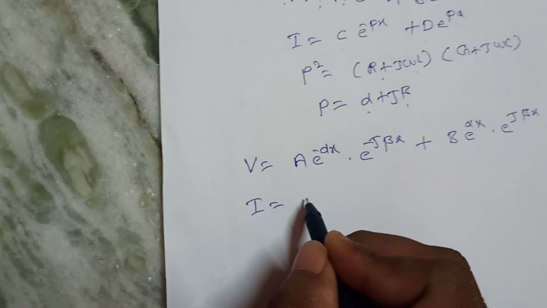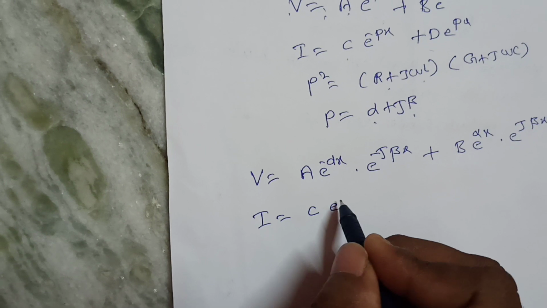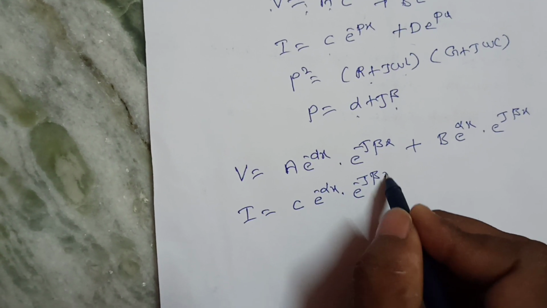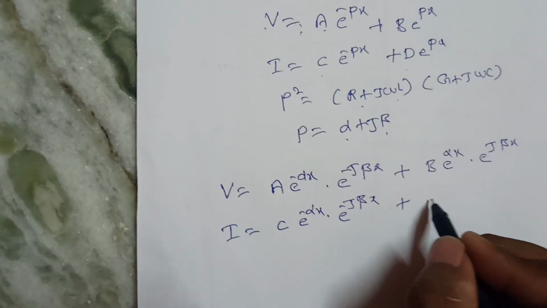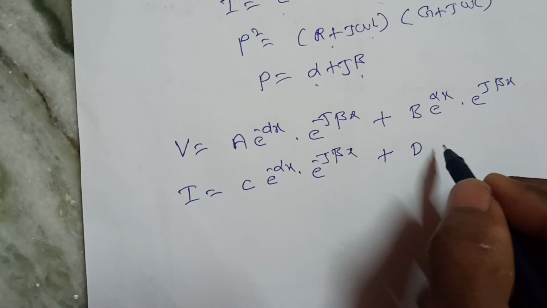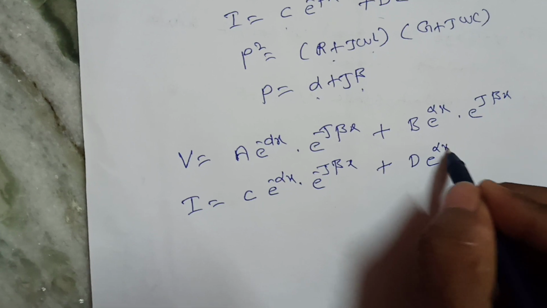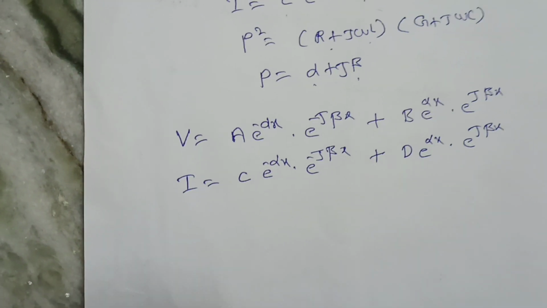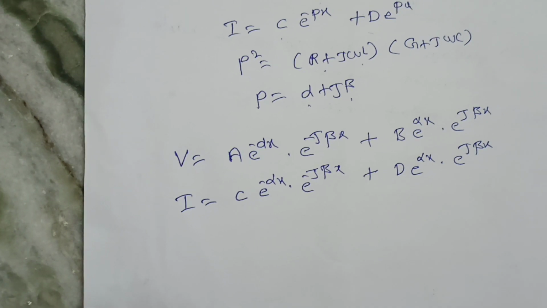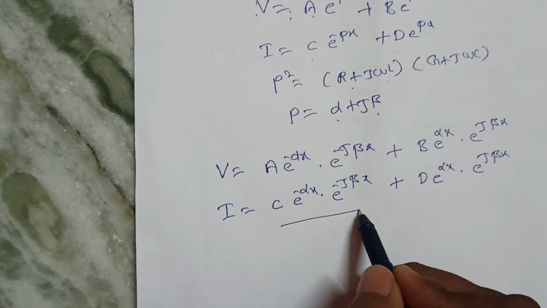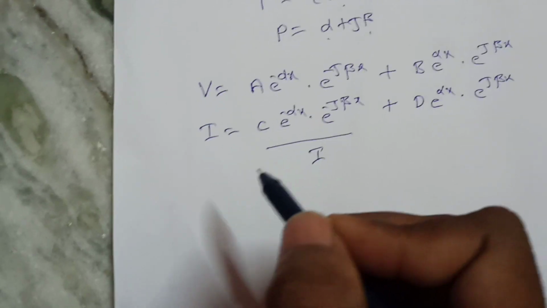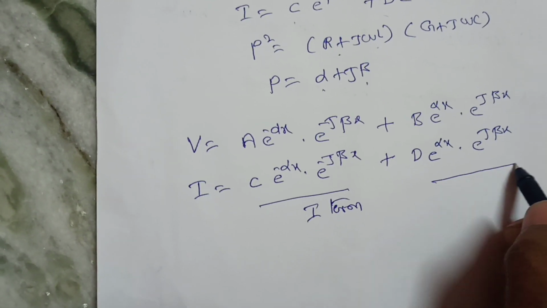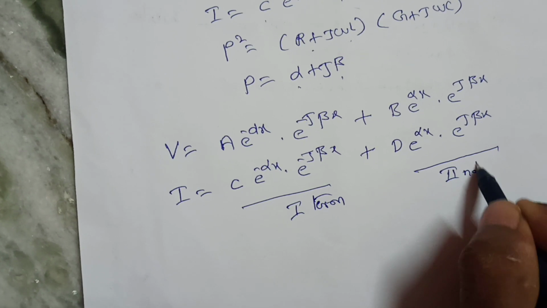Similarly, I is equal to c into exponential minus alpha x exponential minus j beta x plus d into exponential alpha x into exponential j beta x. Let this be considered as the first term, and this is considered as the second term.